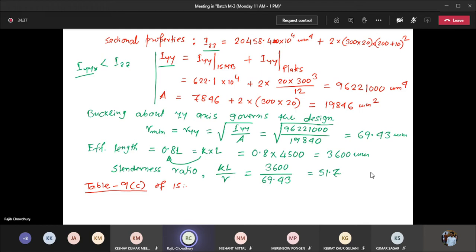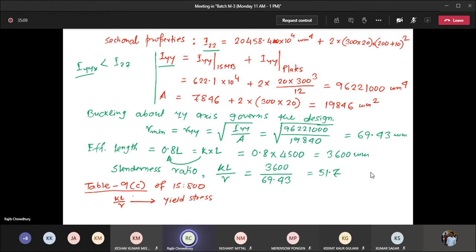What is there? It is there that for this particular KL by R ratio, what is the yield stress? Because depending on the slenderness ratio, what is the yield stress to be? Okay. So now, my slenderness ratio is 51.7.